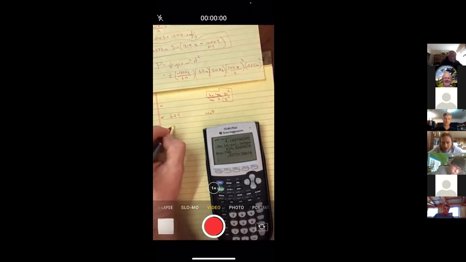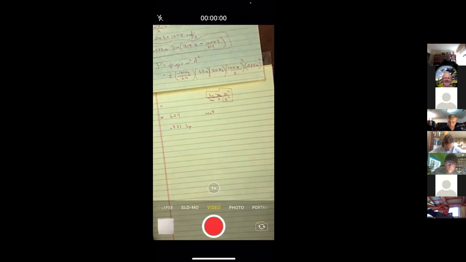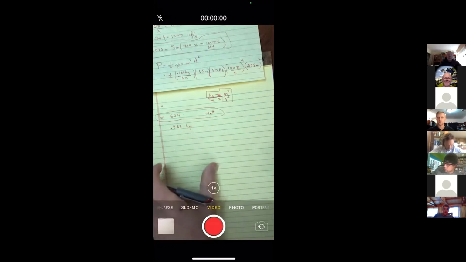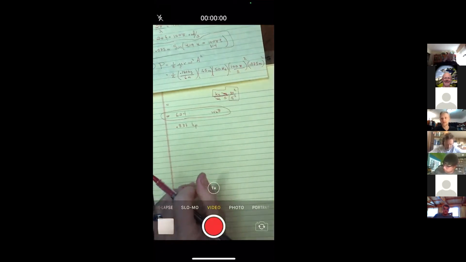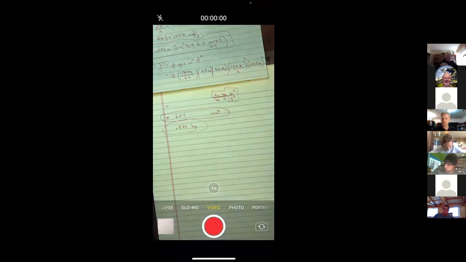So 0.837 if I wanted to switch over to standard units, which I'm sure we don't, but horsepower. All right, so just under 1 horsepower, but I'm sure being a science class, we're going to have an answer in watts, but you engineering people might like the horsepower.